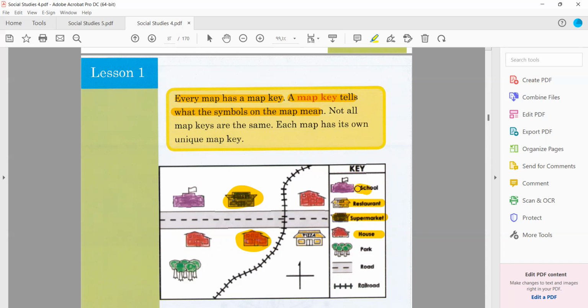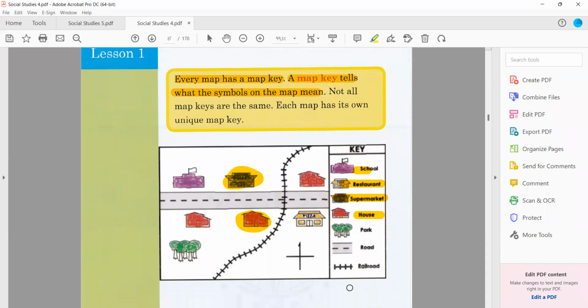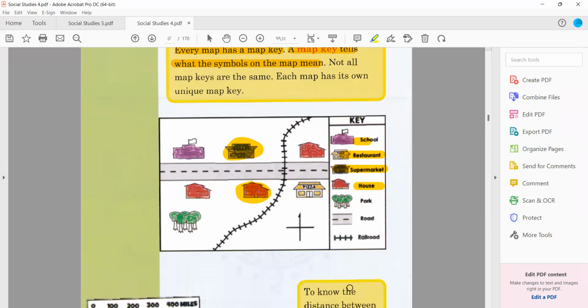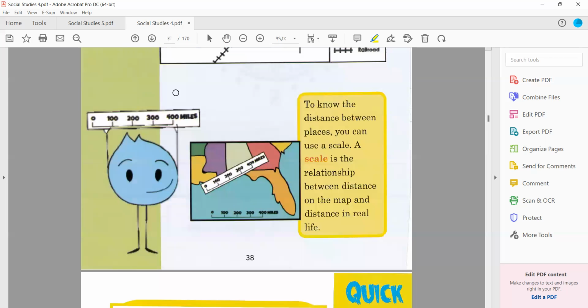The purple one is a school. As for the trees, it's a park. It's like a garden. And this is obviously the road. And the other one is the railroad for the train. Every map has its own unique map key.